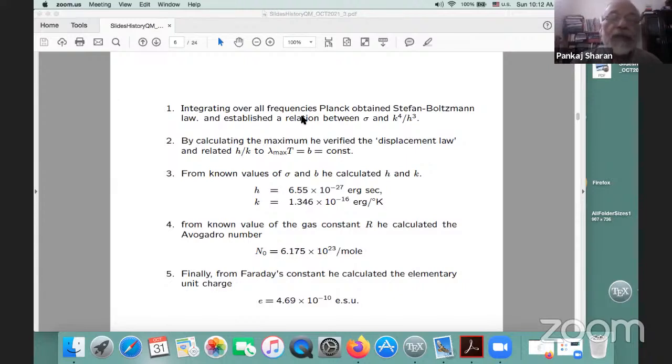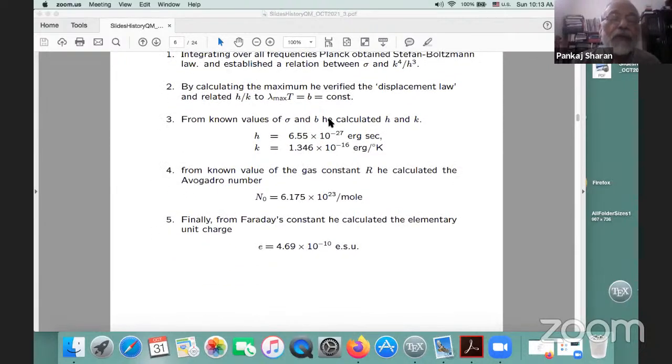He integrated, first of all, and obtained the Stefan-Boltzmann law. This is not surprising, but that establishes a relation between the Stefan-Boltzmann constant and k to the power 4 upon h cube. And by calculating the maximum, he verified the displacement law, which corresponds to lambda max into T, so that B is known.